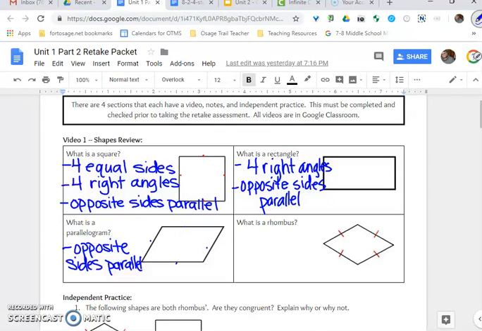Well, what is a rhombus? And if you remember, the tick marks have a meaning. A rhombus has four equal sides. And a rhombus has to have opposite sides that are parallel.